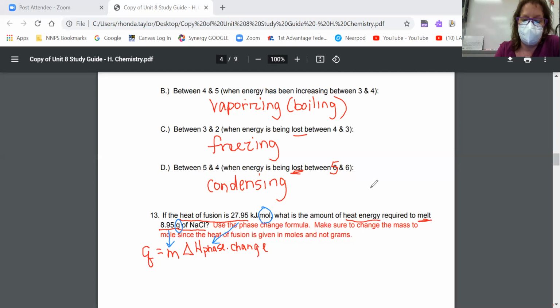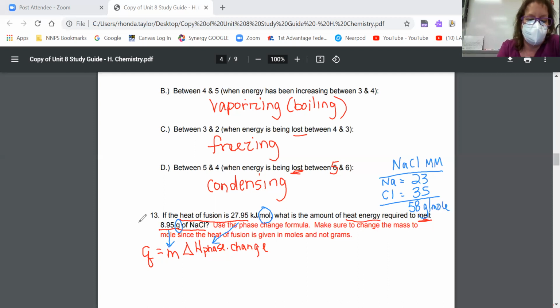Okay. So NaCl, I'm going to do that up here. NaCl, you got to look at the molar mass. Go to the periodic table, look up sodium, look up chlorine, look at their atomic masses. Sodium's 23, chlorine's 35. Add these together, it's 58 grams per mole. All right, how much did we have?